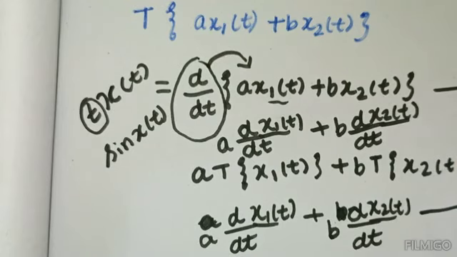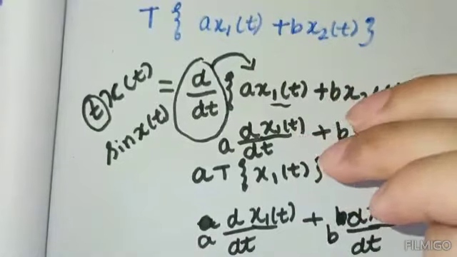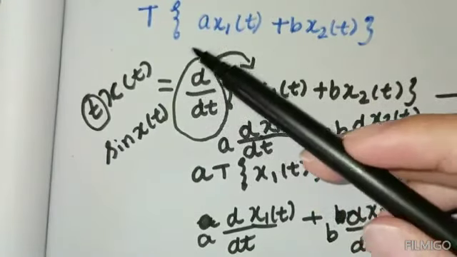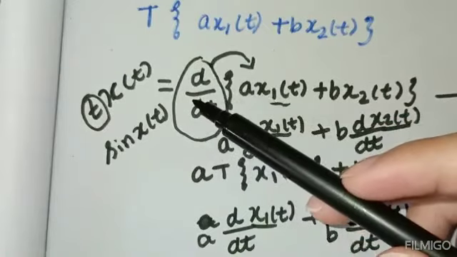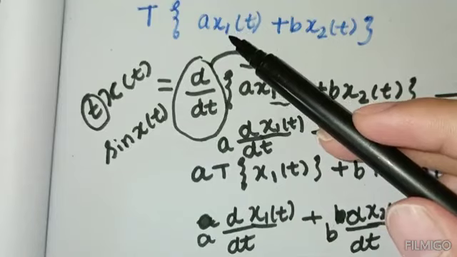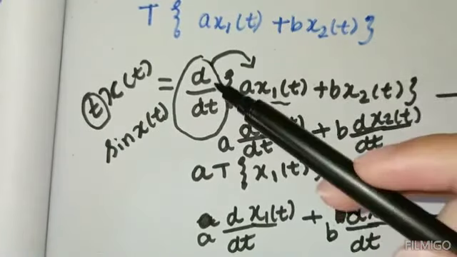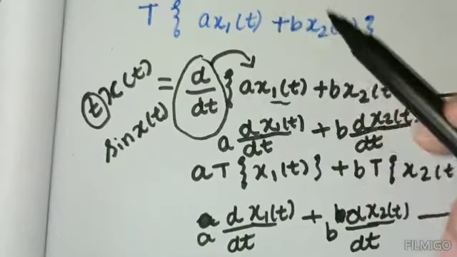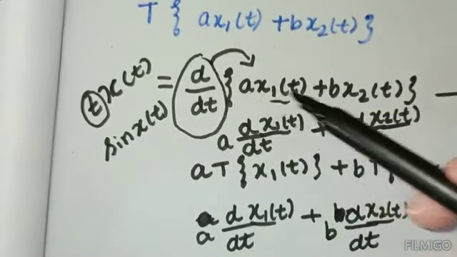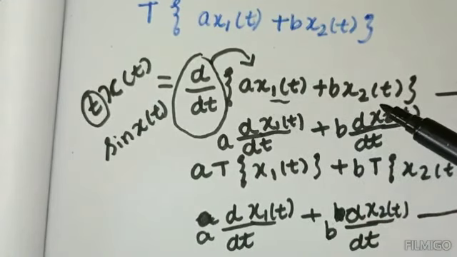But sometimes for questions like this, where you cannot know by seeing the question itself, do this process first. You have kept the d by dt, not outside. What happens is, when you apply a x1 of t plus b x2 of t to the system, as this is a differentiation system, it results in the differentiation of this particular input, that is a x1 of t plus b x2 of t.